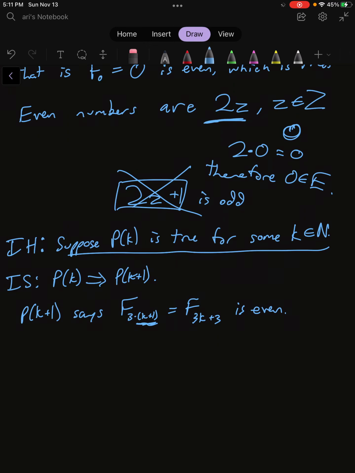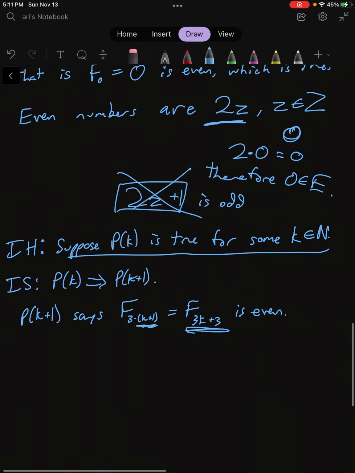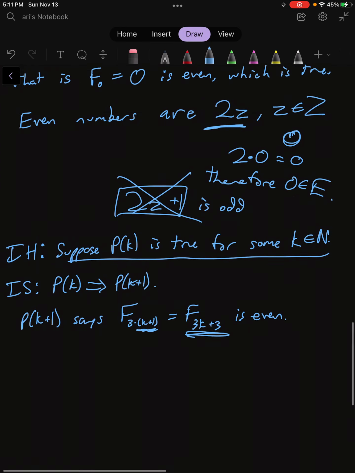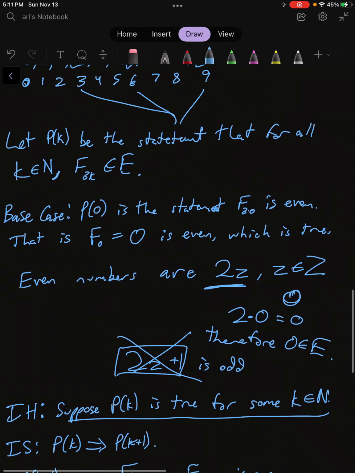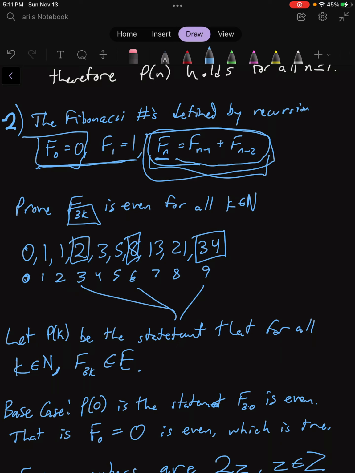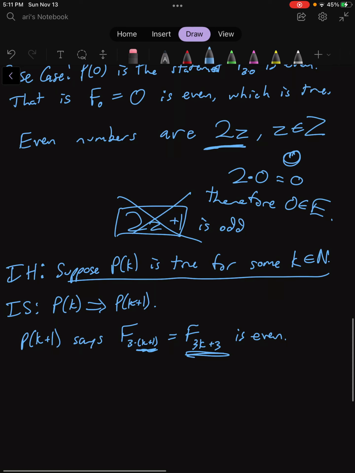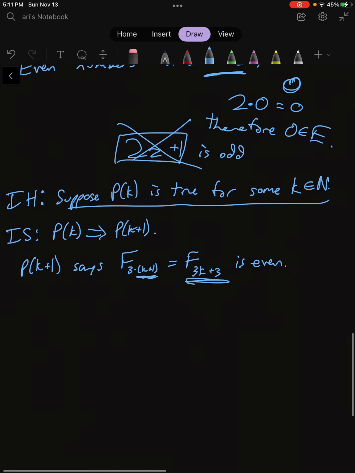Okay, so let's write more about this. What do we know about f of 3k plus 3? Well, we know, not from the inductive hypothesis, we know from what's given, this thing over here, that f of 3k plus 3 is going to be the sum of the previous two guys in our Fibonacci order.